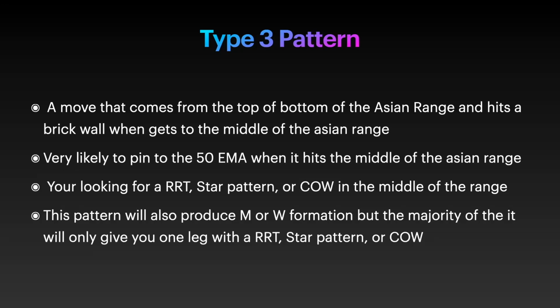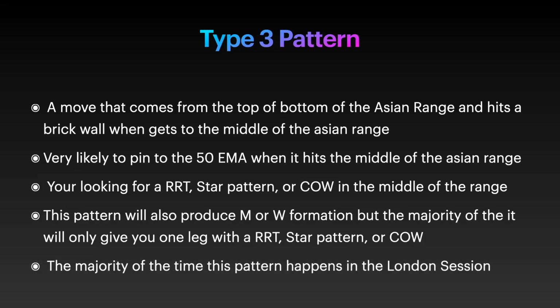So in type 3 patterns, you will see an M or W form, but for the majority of the time that I've been trading these setups, and these type 3s are my favorite setups, you typically only get one leg, and they usually end in a railroad track, a star pattern, or a cow. I'm going to show you what all this stuff looks like in a second.